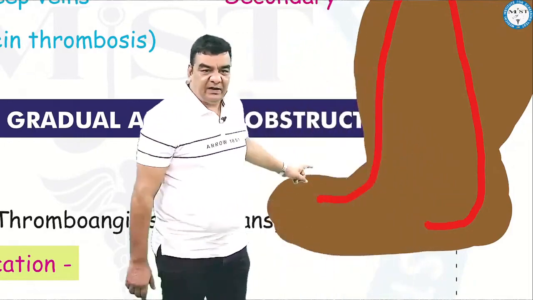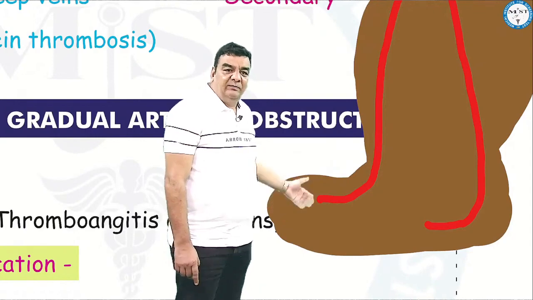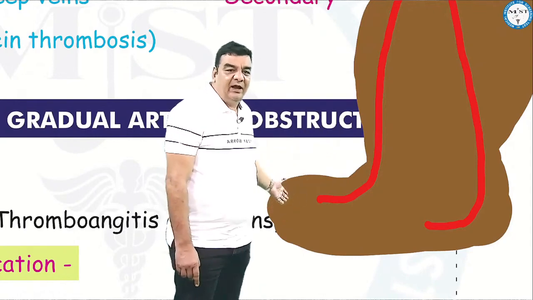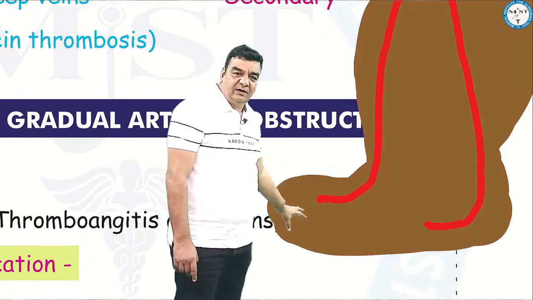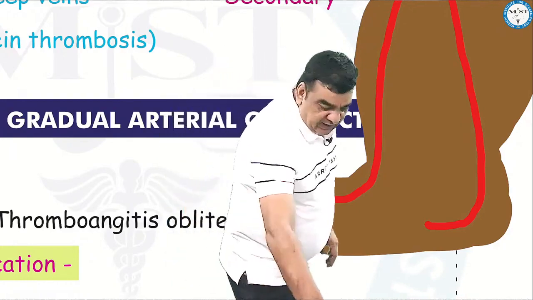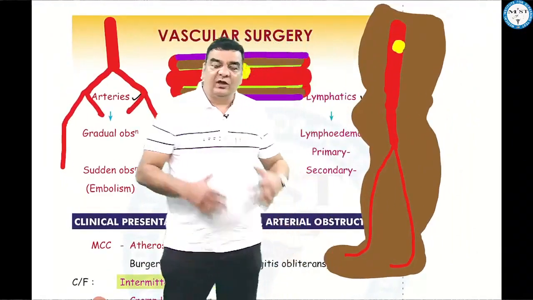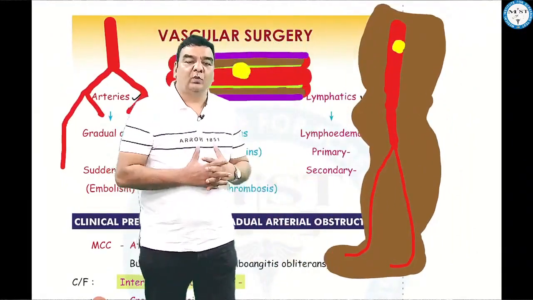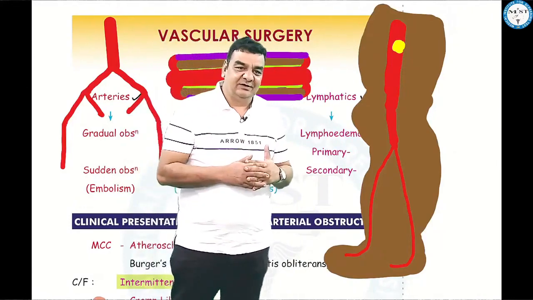Gradually the patient will develop a pre-gangrene and gangrene type of situation in the most distal part. So, beta ji, let me summarize once again what actually happens in gradual arterial obstruction.